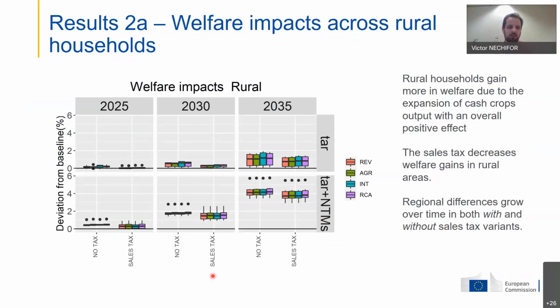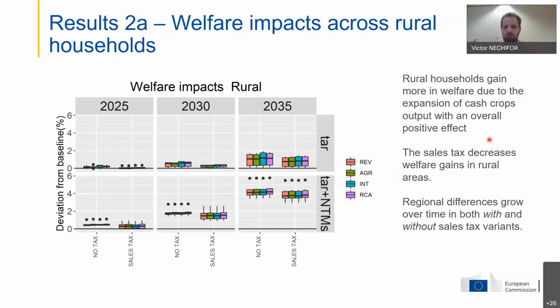We see that, and here you also have a bit of the transition to 2035, so 5-year time steps. We see that rural households, represented as box plots here, have a gain in welfare, which is in both tariff only and tariff plus NTMs, with very few household groups that have a negative impact in the short run.